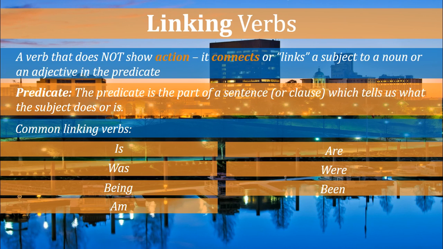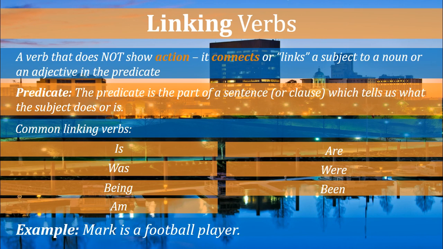So let's look at an example here. Here's our example: Mark is a football player. Let's ask ourselves, what is the verb? And what is the subject and what's the predicate?